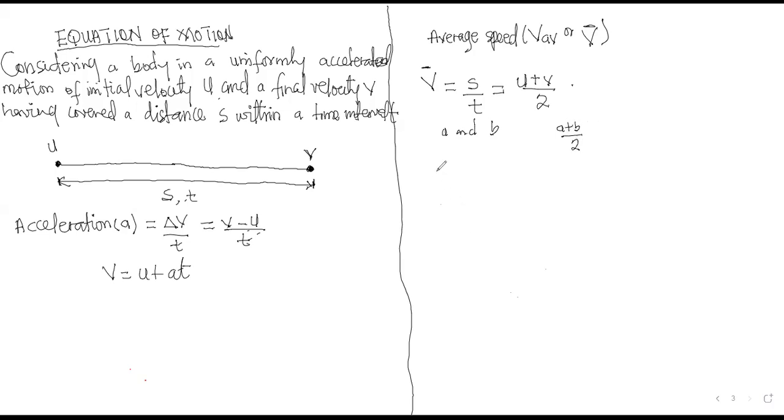So what I'm saying is that if you have a uniformly accelerated motion, v-t, and the initial velocity is U, the final velocity is V, then the average speed can also be the initial velocity plus the final velocity divided by 2.